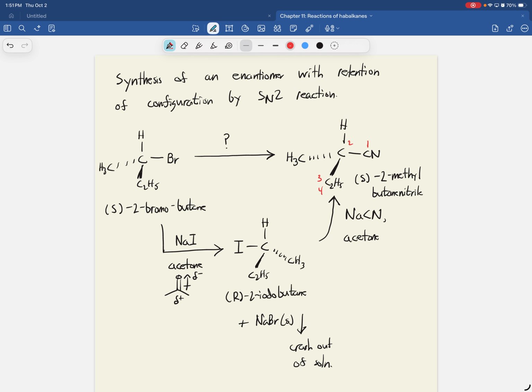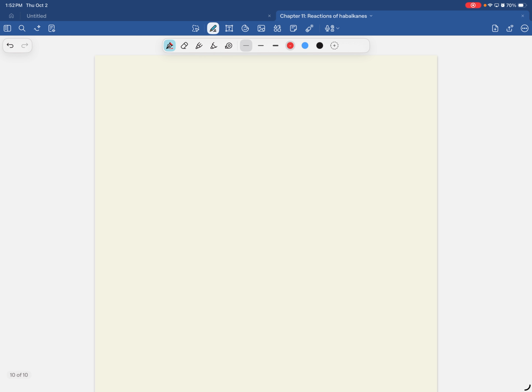All right, we'll start talking about the leaving group. But first, I want to show you a situation where you have two carbon atoms with good leaving groups. Let's go over that first.